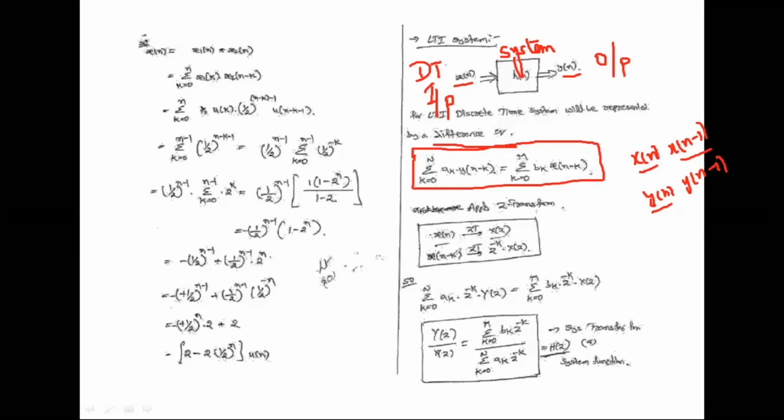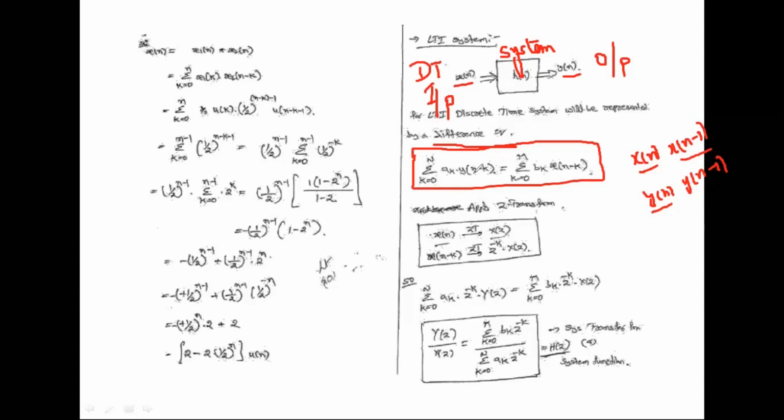Whatever samples are shifted towards the right side, we take as negative powers of z, z power minus k. If x of n plus k is there, it becomes z power plus k. Now, use the sum of k equal to 0 to N, a suffix k, z power minus k Y of z.